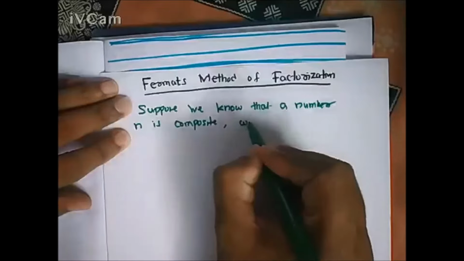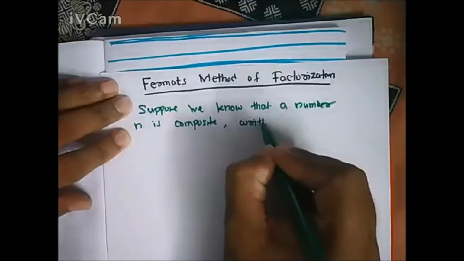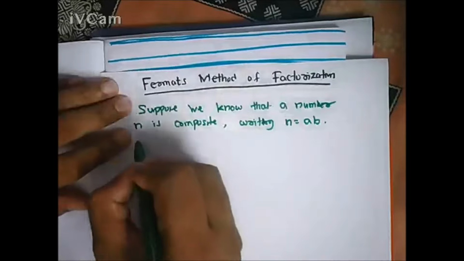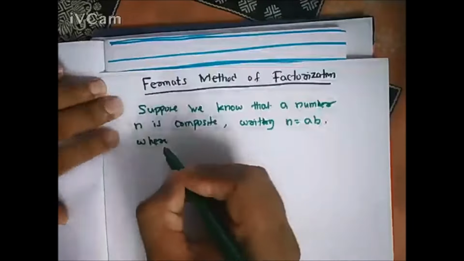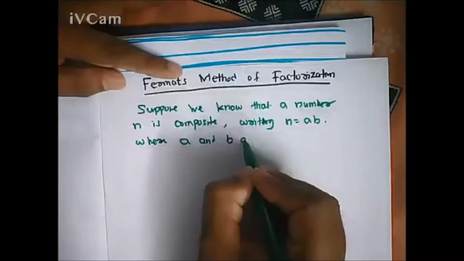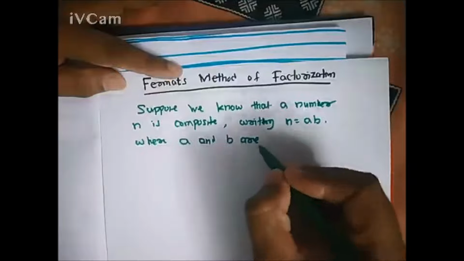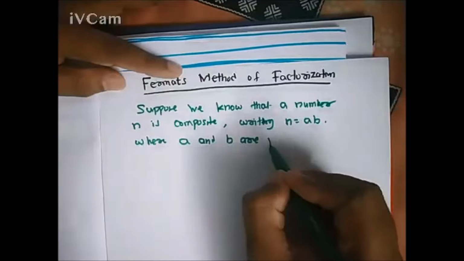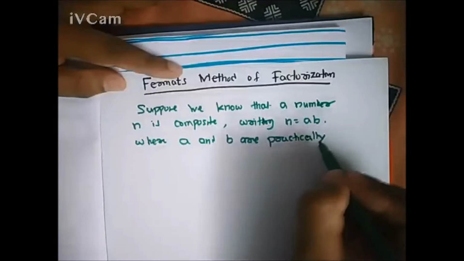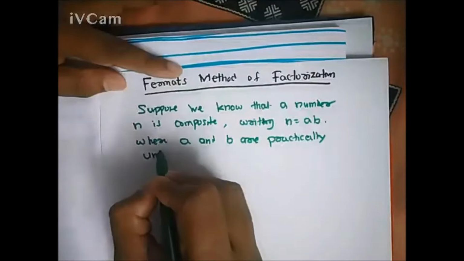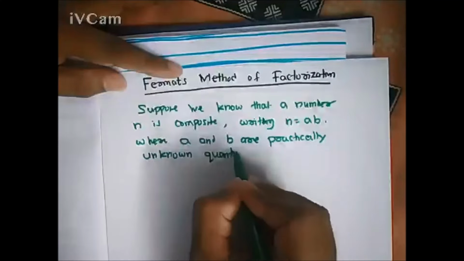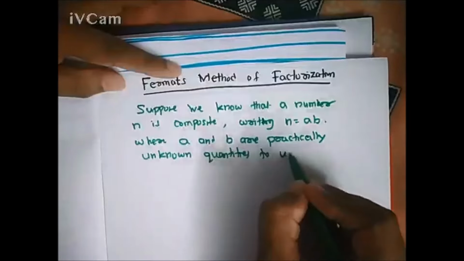We write n equals a into b, where a and b are practically unknown quantities to us.